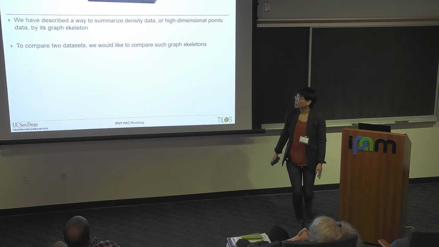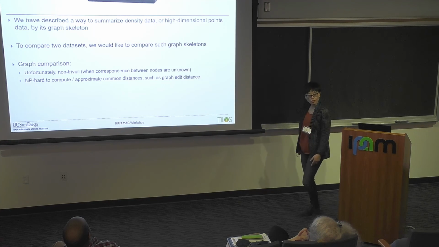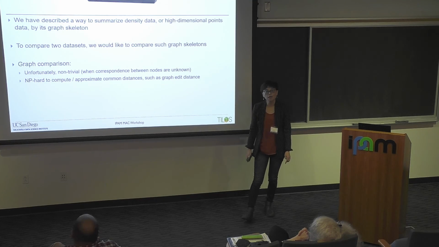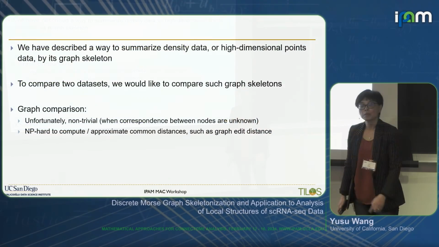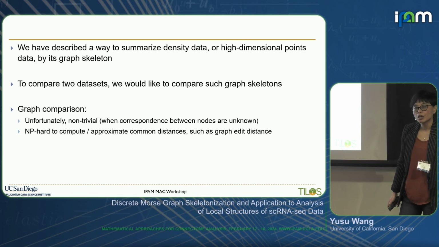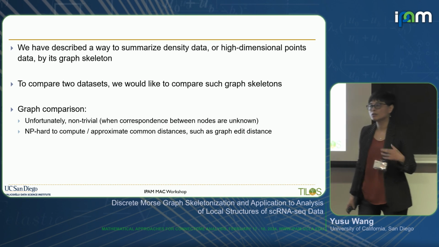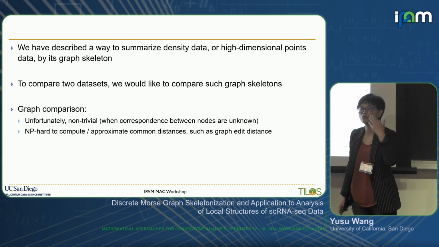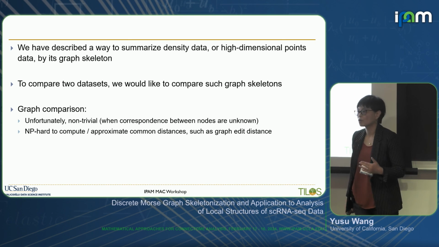I think this was also mentioned yesterday in some of the talks. Graph comparison is actually highly non-trivial. The typical distances for graphs, like graph edit distance, are all NP-hard to compute and also to approximate. In fact, even tree edit distance is NP-hard to approximate.